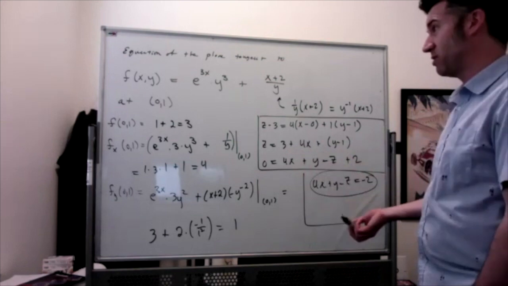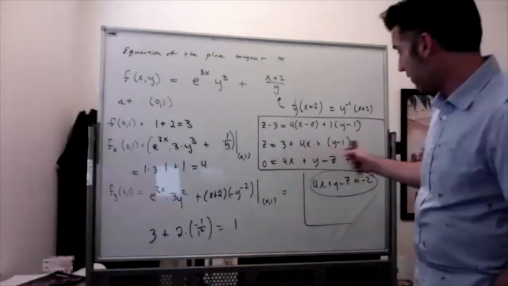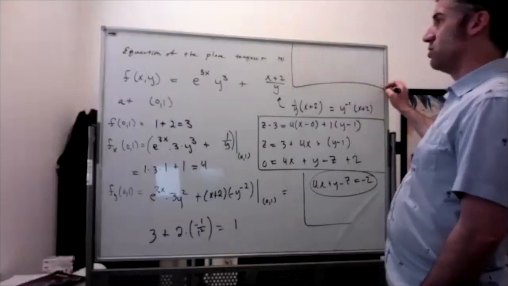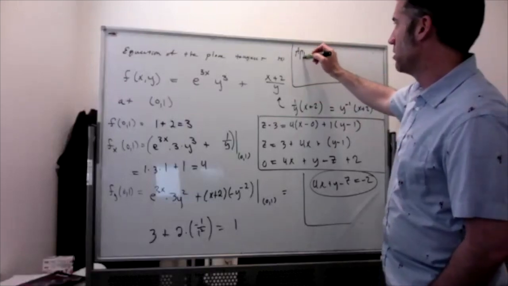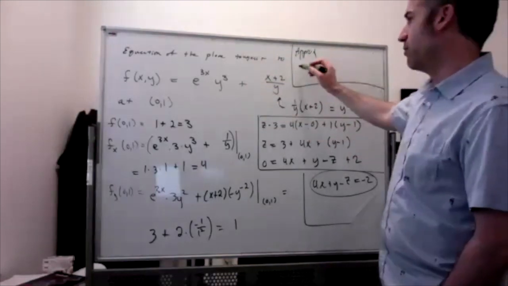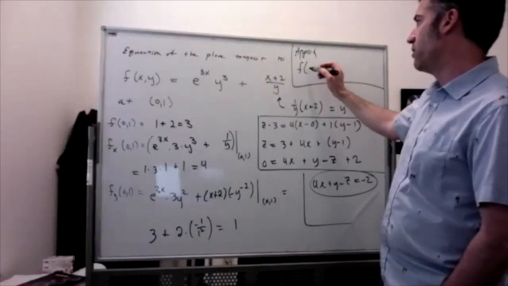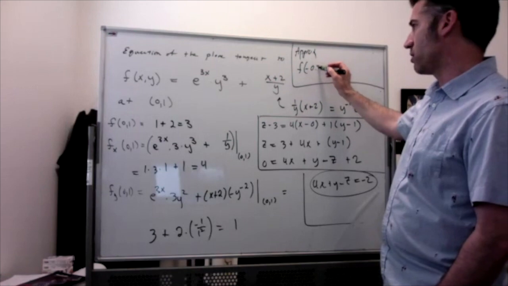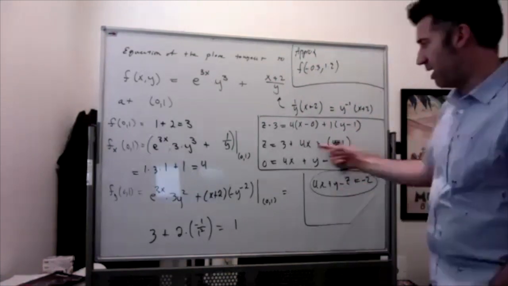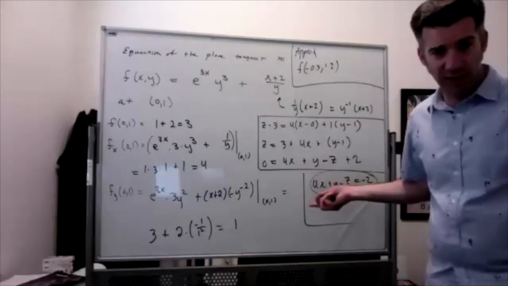The reason why is that a lot of the time, after you do this, someone's going to say, okay, now I want you to approximate, with your linearization, with your tangent plane, f of negative 0.3, 1.2. Not that it's impossible to plug it in here, it's not terrible.